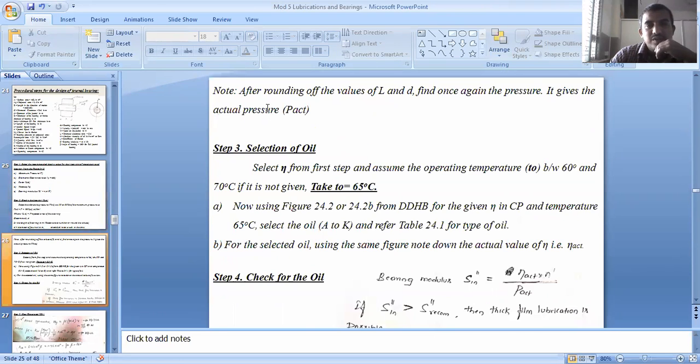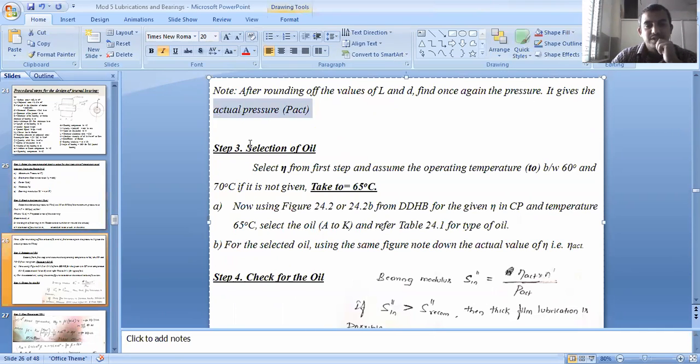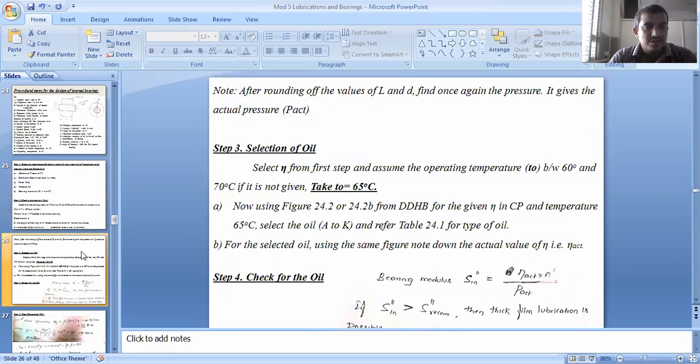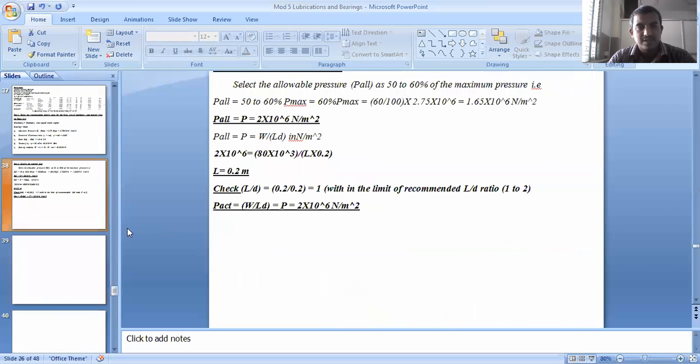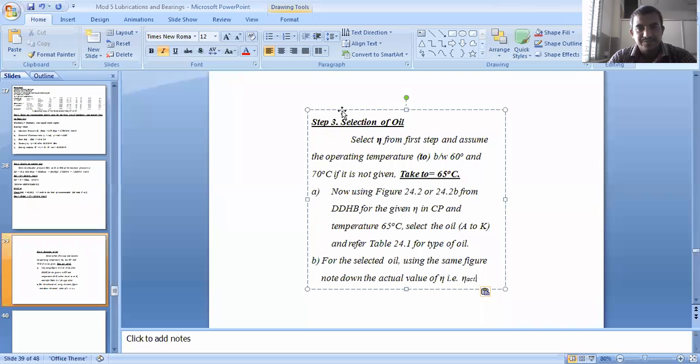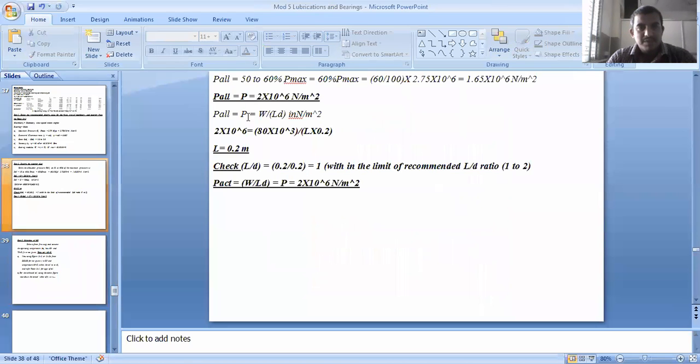Then after rounding the values of L and D, once again determine the pressure. It gives the actual pressure. So for the next step, step number 3, we'll go for select the oil. We'll go for the next one, step number 3.